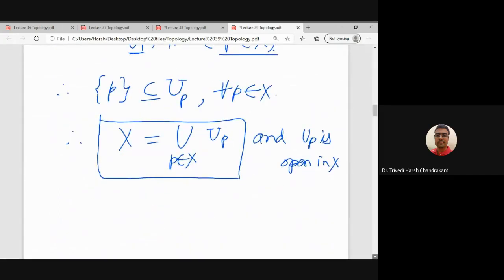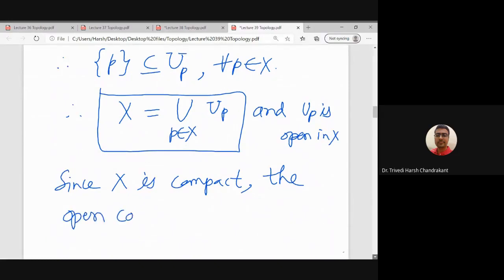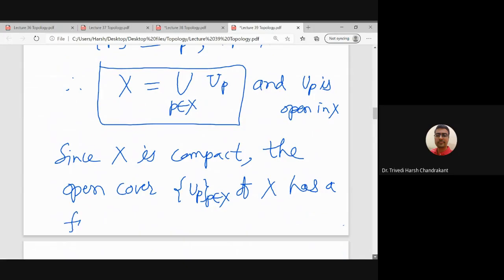So now we have an open cover of X. We used earlier that Y is compact, but now we will use that X is compact. That is given in the hypothesis. So now since X is compact, the open cover UP of X has a finite subcover.